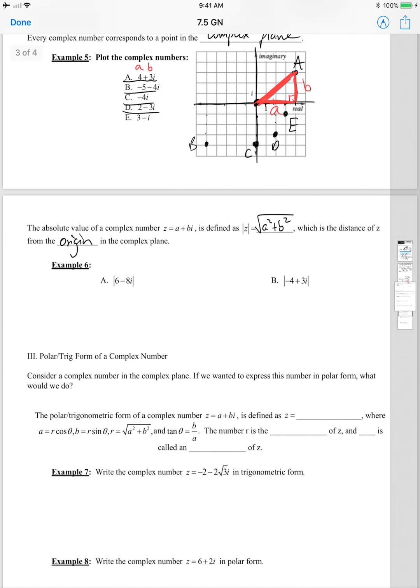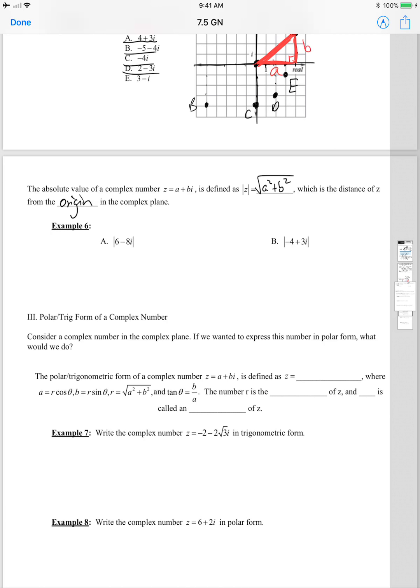So let's look at some examples. I want the absolute value of this number, 6 minus 8i. Well, this is a plus bi. That's always our standard form of the complex number. And so the absolute value of that number we just defined as the square root of a squared plus b squared. Well, in this complex number, a is 6, and b, and this is the trick here, is negative 8.